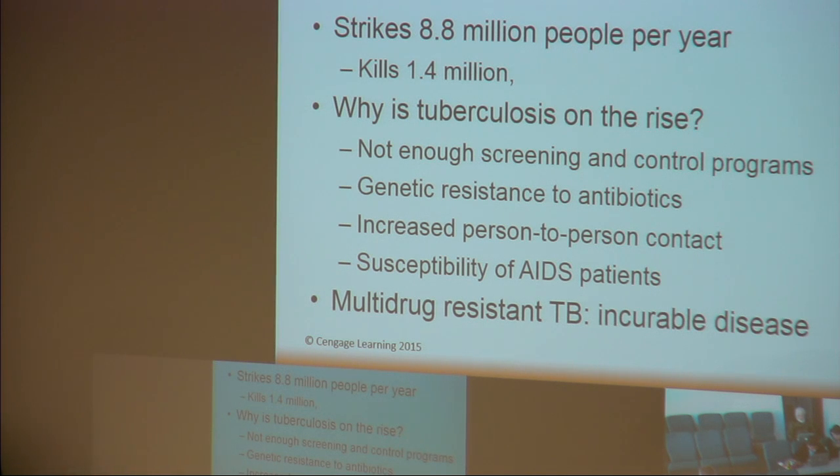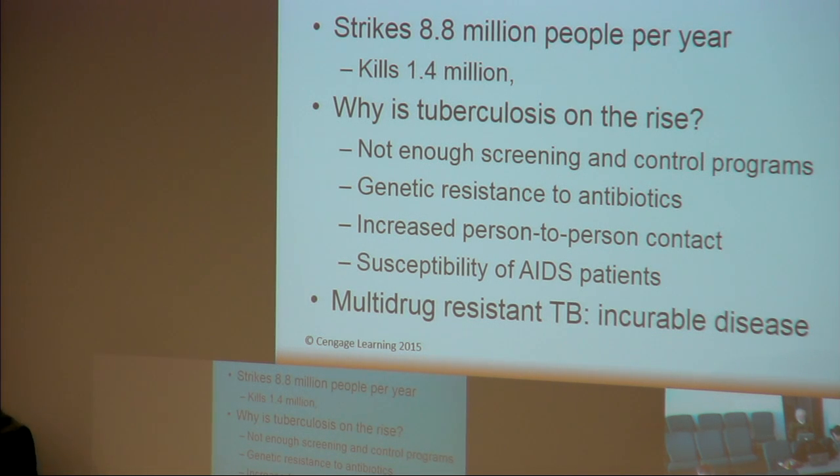All right, so the first disease that we're going to talk about is tuberculosis. You guys probably don't hear much about it, but it's a big deal. It infects 8.8 million people a year, killing 1.4 million. So why is it on the rise? Again, with the lack of money, there isn't all this screening.